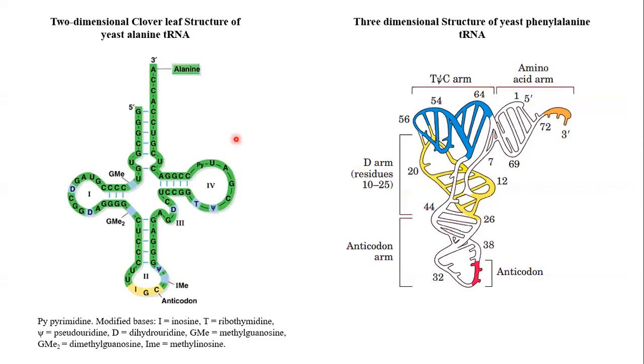Now you're familiar with the transfer RNA structure because this transfer RNA will get amino acylated. Here you just have to remember that this is the 3' end, the amino acyl arm, which will get amino acylated. Remember the sequence CCA. This CCA sequence is common to all transfer RNAs and has been added post-transcriptionally.